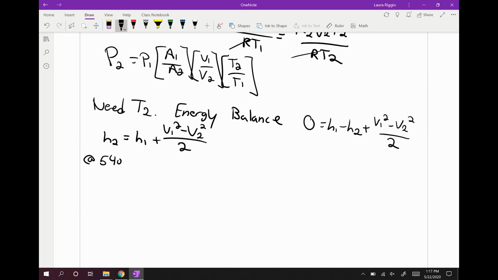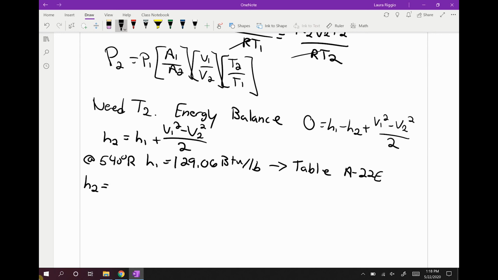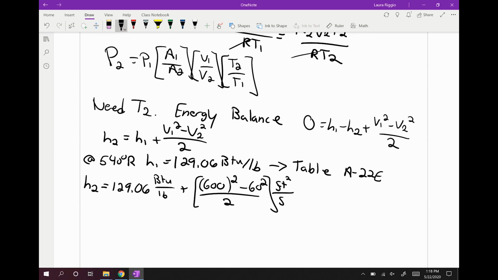At 540 degrees Rankine, H1 is equal to 129.06 BTU per pound, and this is from table A22E. So we have H2 is equal to 129.06 BTU per pound plus (600 squared minus 60 squared) over 2, and that's feet squared per second squared.